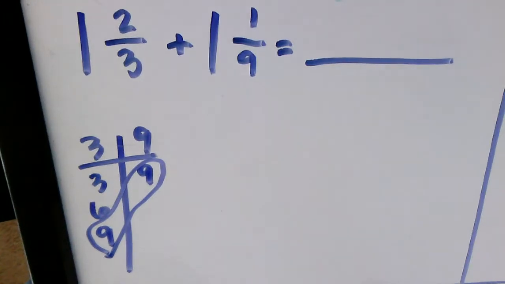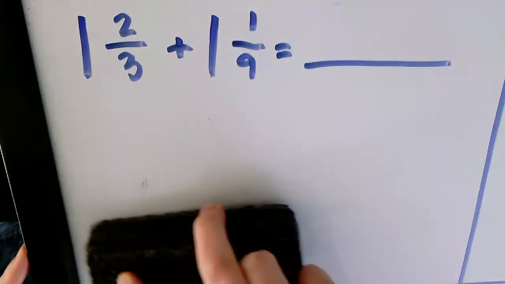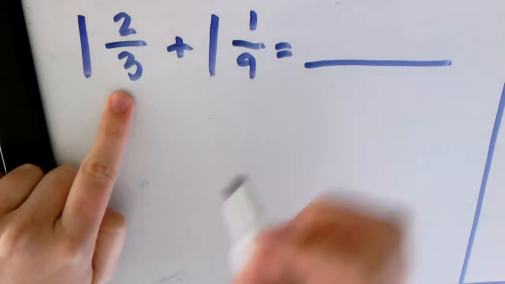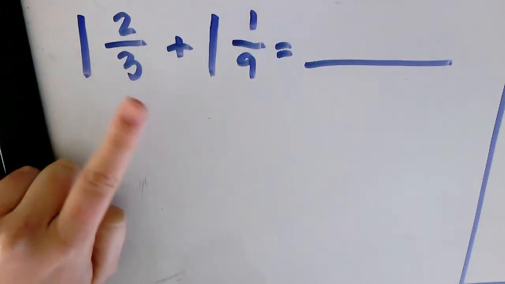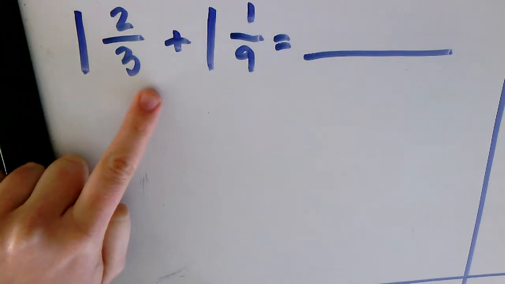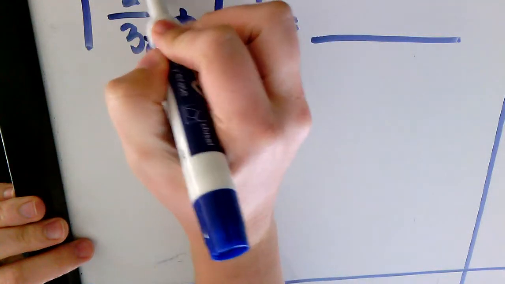So I need to rewrite the fractions with a common denominator of 9. One of them already has that as a common denominator, so I'm going to leave it, but just rewrite it. So I need to multiply the numerator and the denominator by the same number. So 3 times 3 is 9. What I do to the bottom, I have to do to the top.